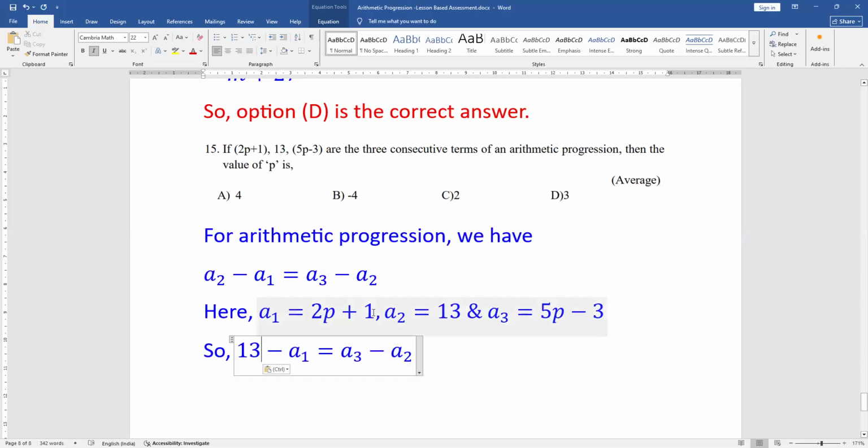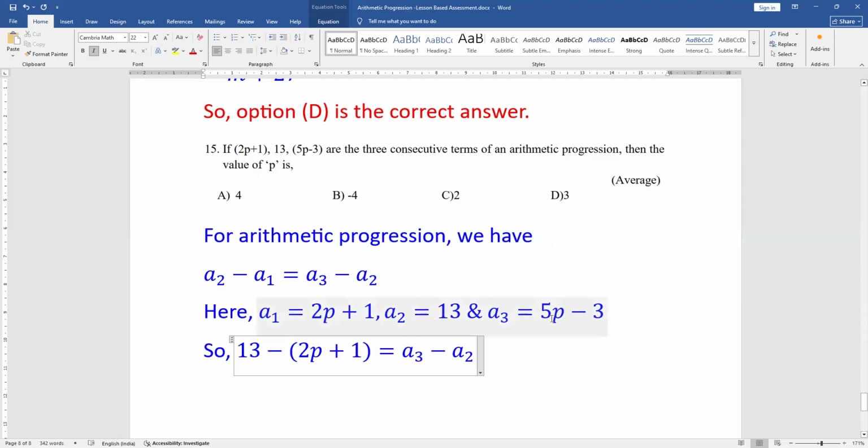Then a1 I replace with 2p plus 1. When I'm replacing, you must notice one thing: I'm using brackets. Whenever we are using a binomial term along with the minus sign, make sure that you use brackets.